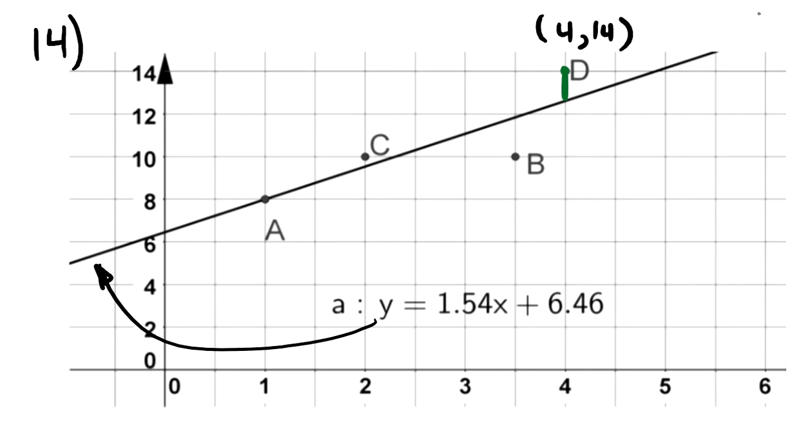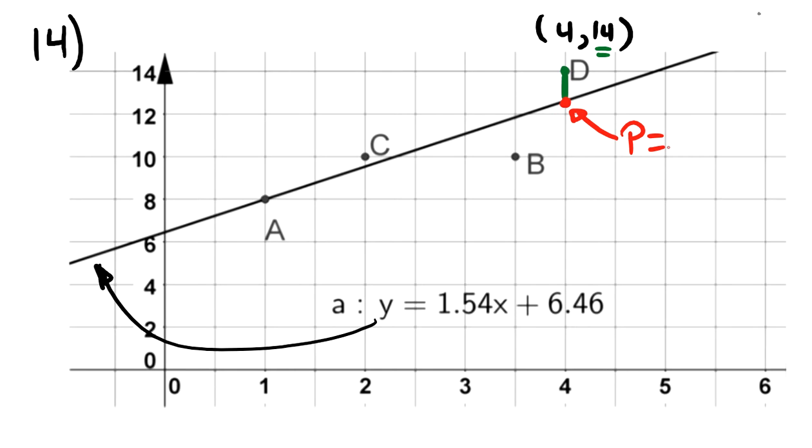But in order to calculate that, I need to take this actual value of 14 and subtract from it the predicted value. The predicted value is the one that lies right here on the curve. So I'm going to figure out what the predicted value is.